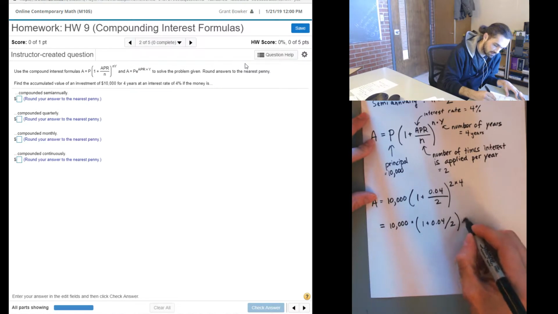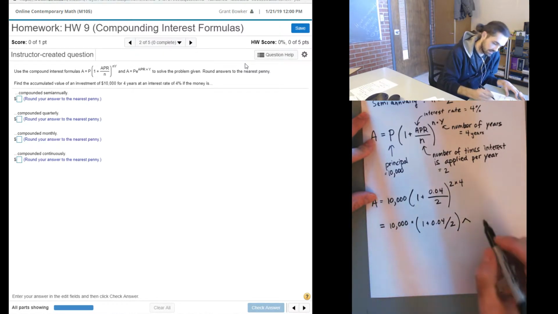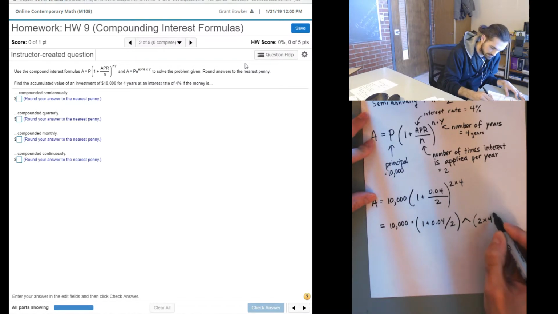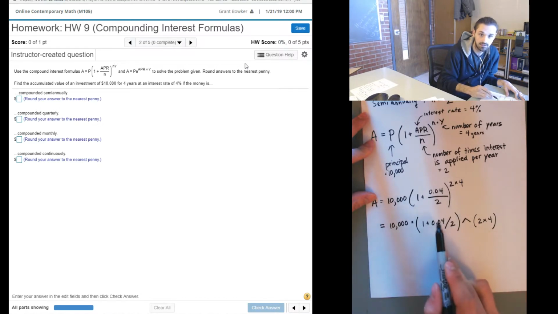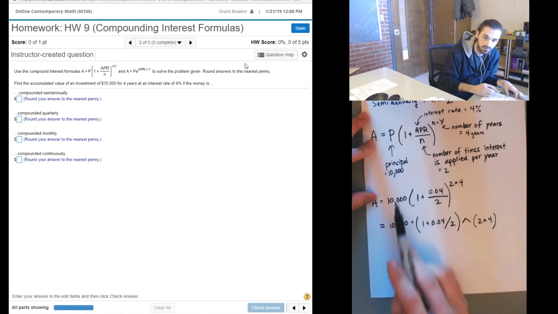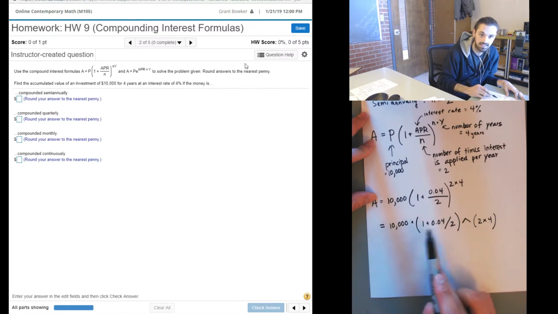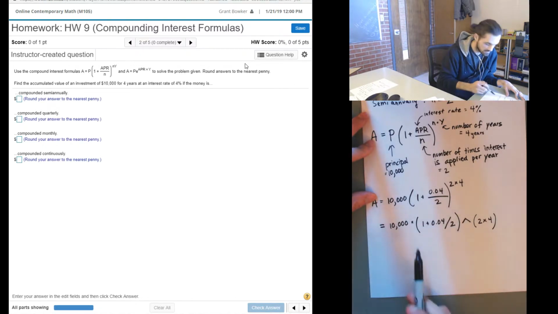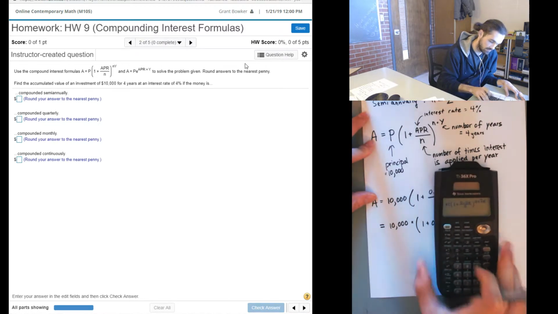And then you'll need to raise that, so you'll utilize the caret key. And you want to raise that to the quantity of 2 times 4. This chunk does need to be parenthesized, or else it'll raise it to the second power, take the result, and multiply by 4. However, you want to simply take this base and raise it to the 2 times 4. So this would be the notation if you do not have the very handy pretty print on your calculator.